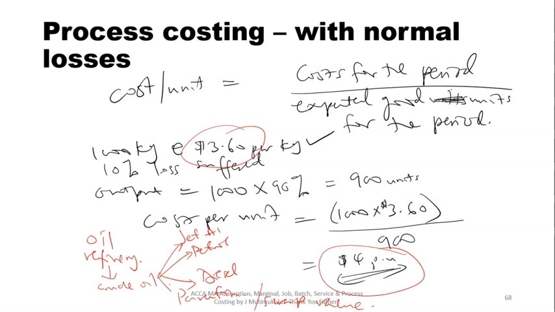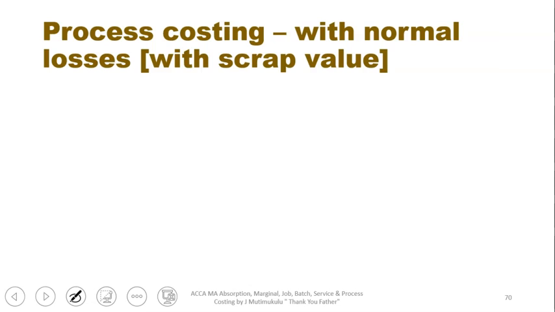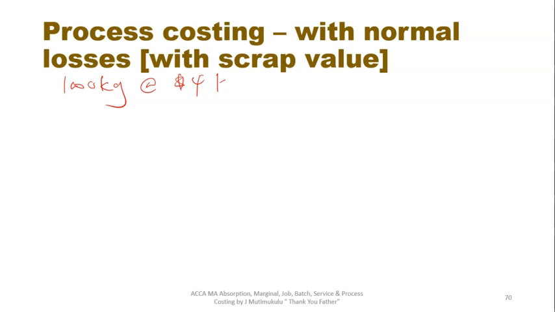Consider, for example, a situation where we have got 1000 kgs as our input at $4 per kg, and the normal loss has been 20%.